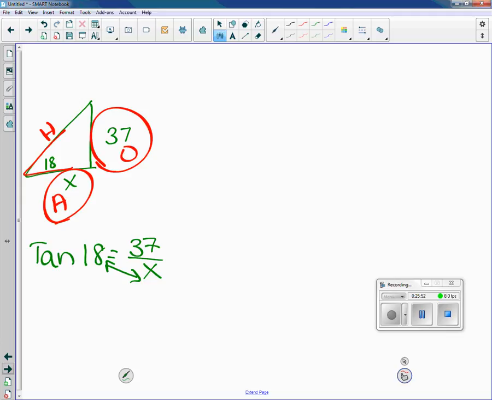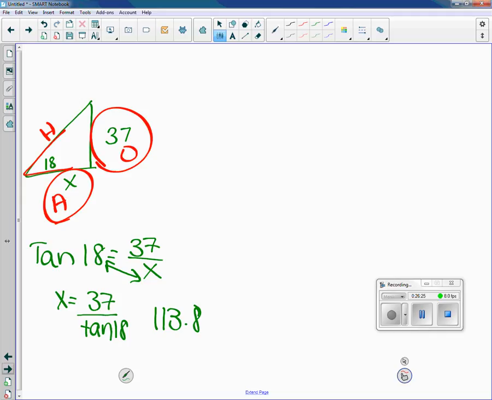So I need to divide or switch them. So this becomes X is equal to 37 divided by tangent of 18. And you should get 113.8. Okay? Is that right? Yes.